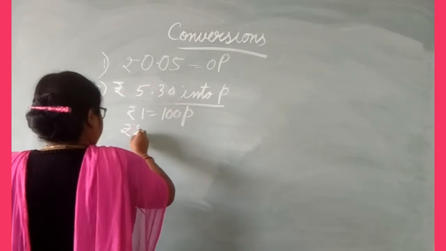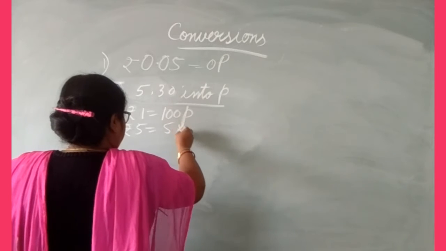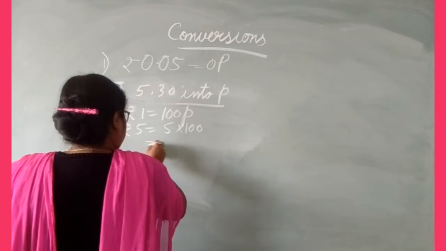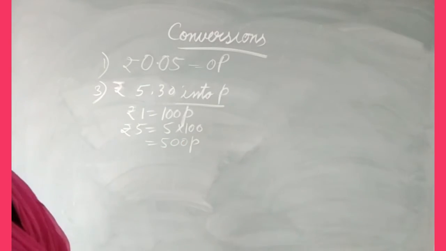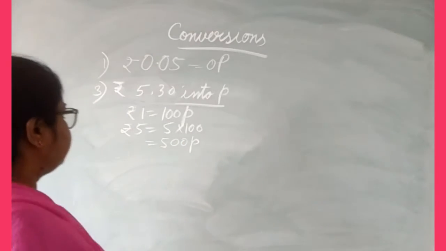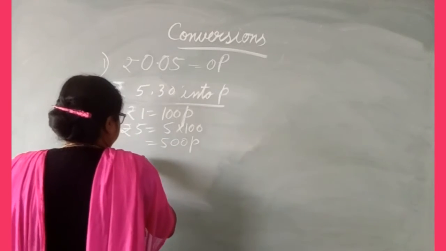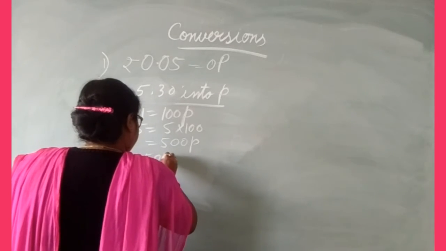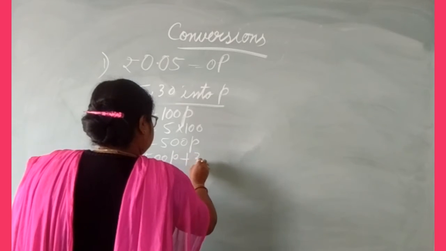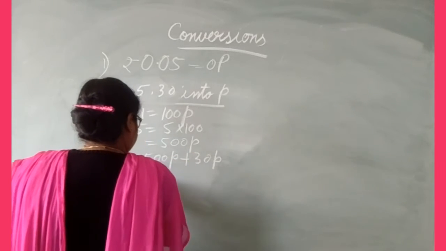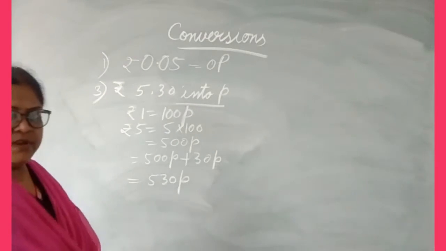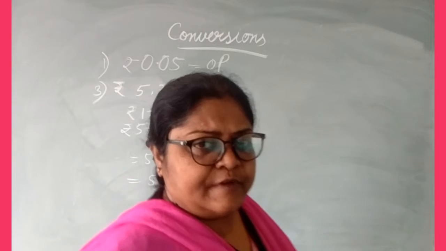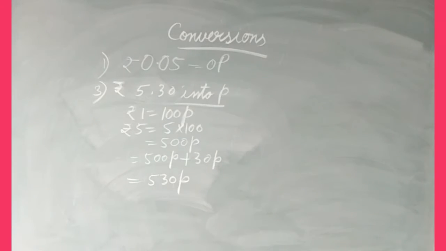So 5 rupees equal to 5 into 100. You will get 500 paisa. So according to the question, 500 paisa plus 30 paisa, when you will add, you will get 530 paisa. Okay, it is clear?